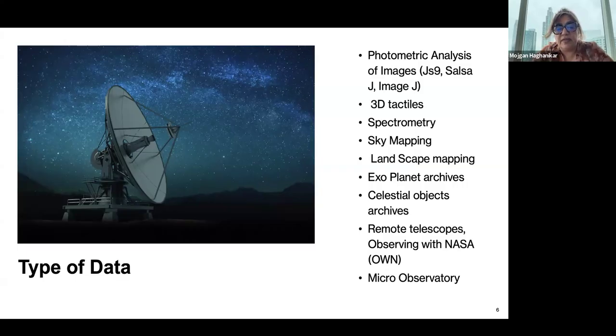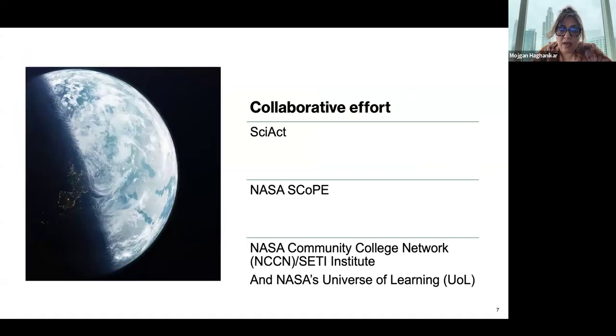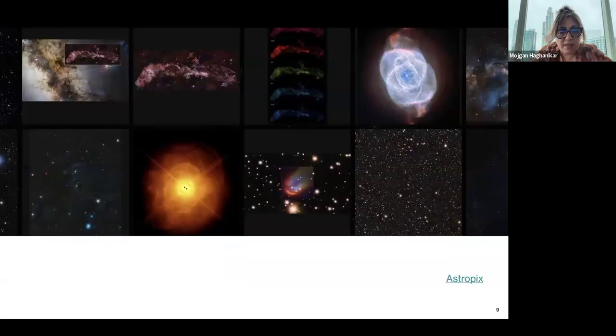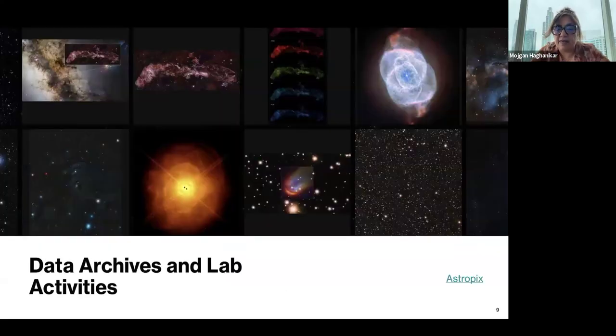There are very rich exoplanet archives, celestial object archives, and remote telescopes, the older ones, NASA's own, and MicroObservatory. These NASA proposals that I got were in collaboration with SciAct, NCCN, and also UoL, which is NASA's Universe of Learning.